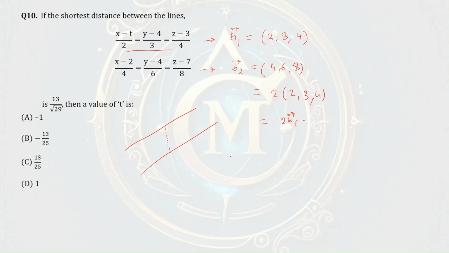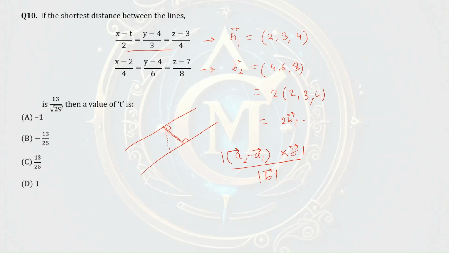So we know the direct formula for the shortest distance, that is the perpendicular distance between these two lines in 3D. It is calculated as modulus of (a2 minus a1) cross b, divided by modulus of b.